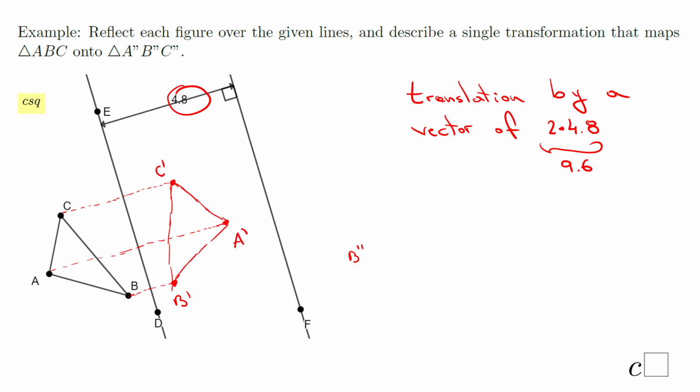And now we're going to reflect it one more time. I think this would be C second. And A second should be somewhere here. And then B second, I guess somewhere here.